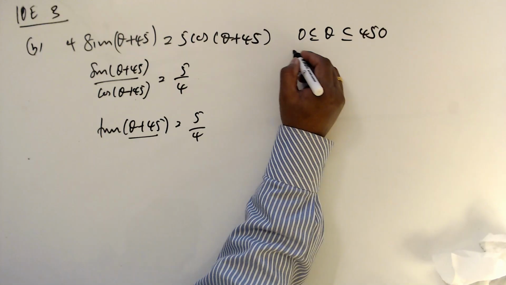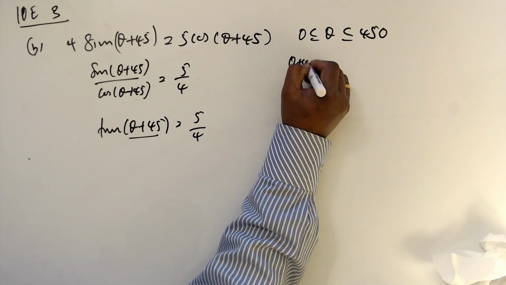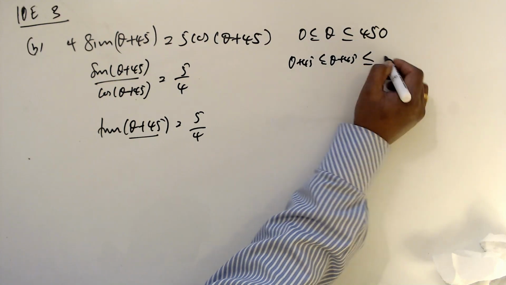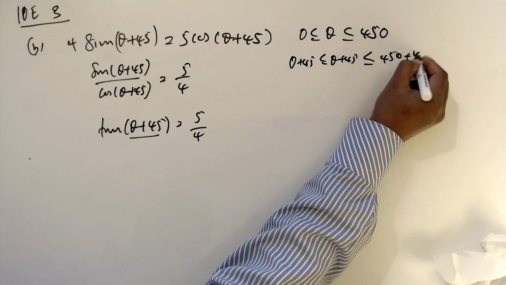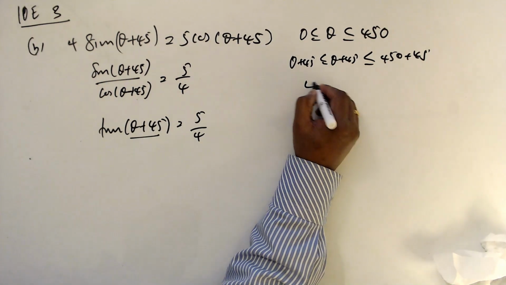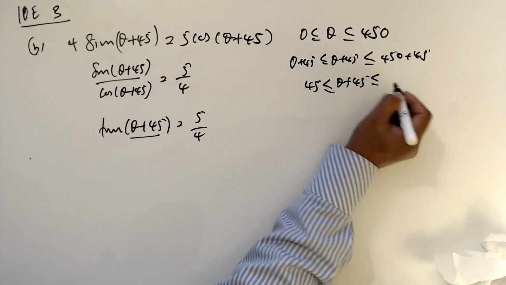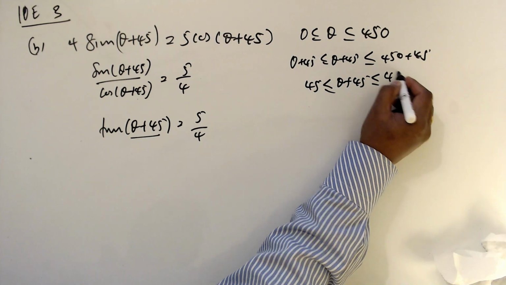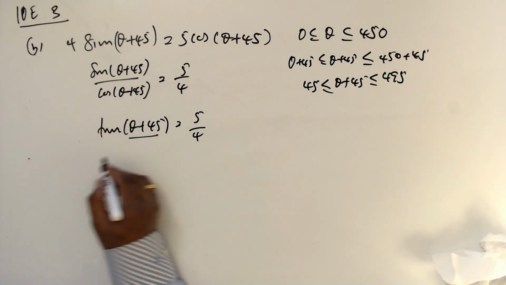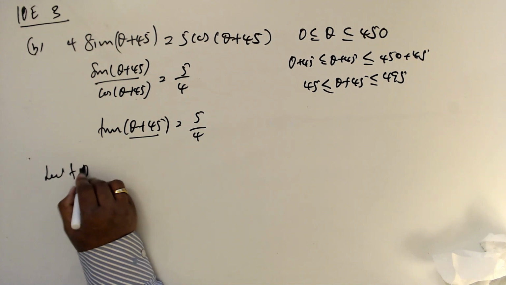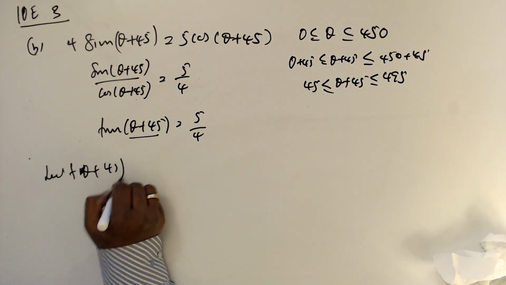I will add 45 to the range: 0 plus 45, θ plus 45, and 450 plus 45. This is 45, θ plus 45, and 495.